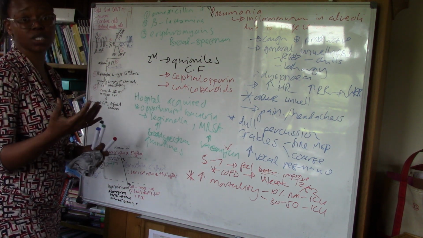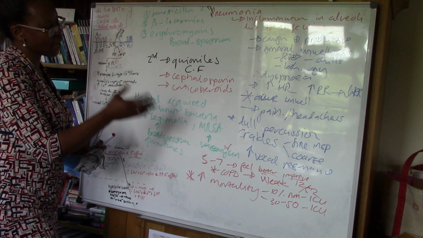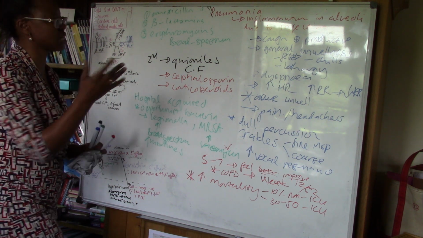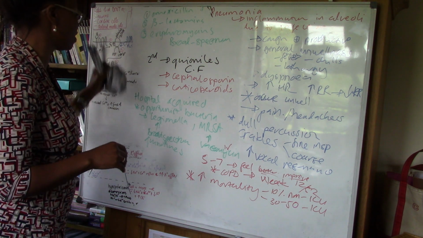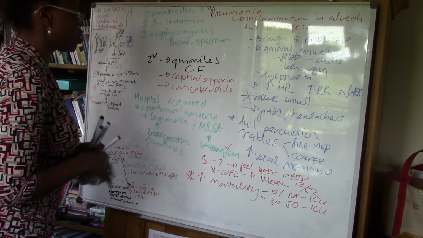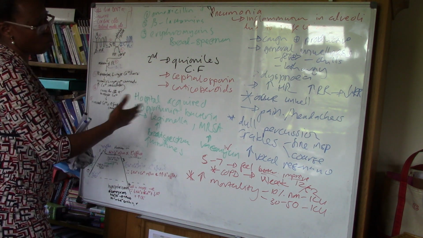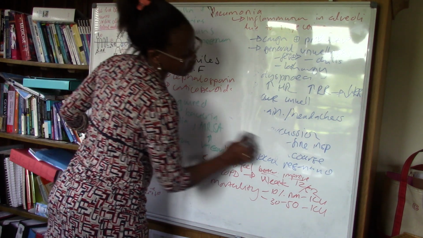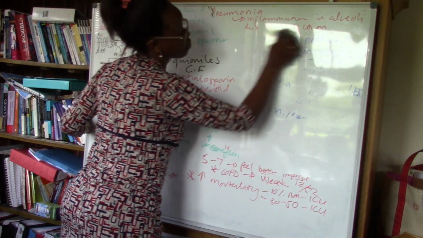So it's important to review and then redo the cultures after 3 days, because it takes about 3 days for someone to catch a hospital-acquired infection. Usually, when treated well, pneumonia will eventually resolve.